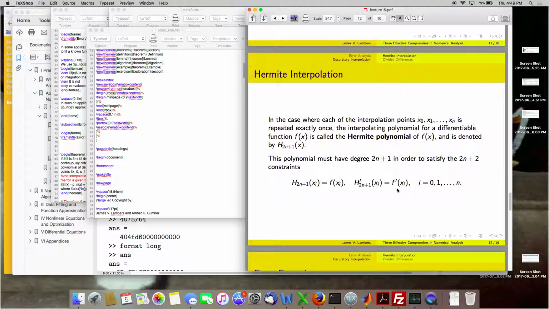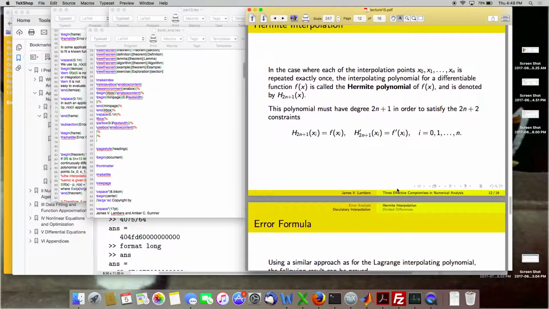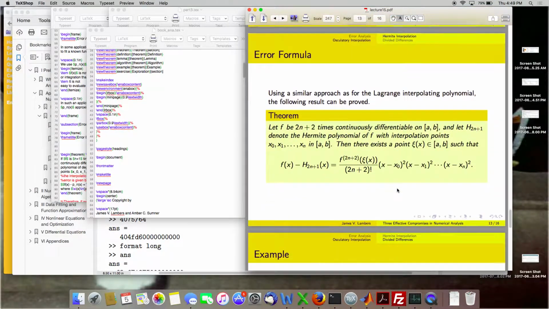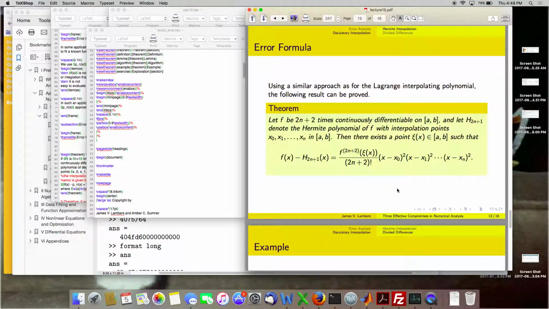I'm not going to discuss that here because it's a very cumbersome way to come up with a Hermite polynomial. The easiest way by far to construct a Hermite polynomial is to use Newton form. I'll get to that in a moment, but first, here's the error formula.